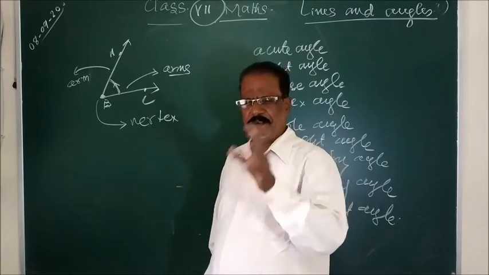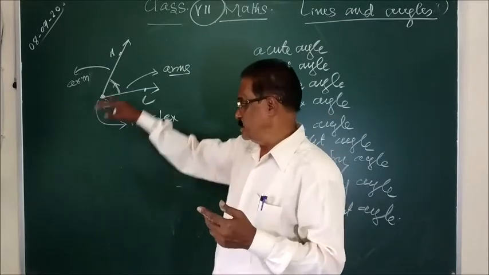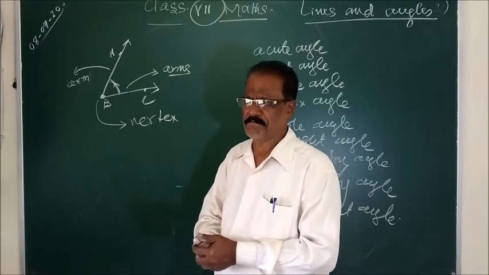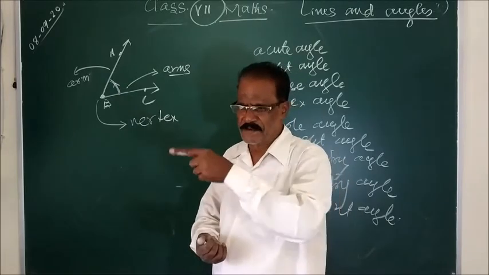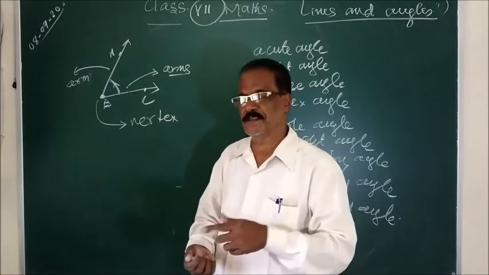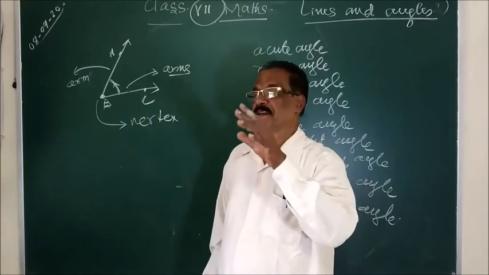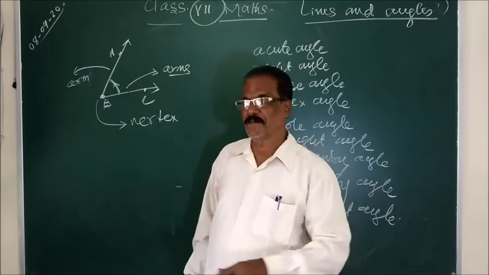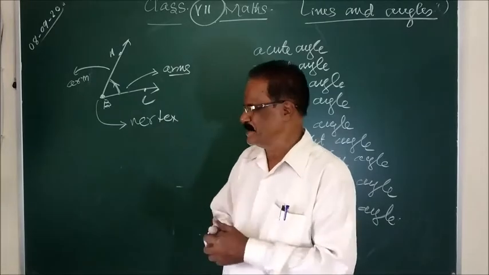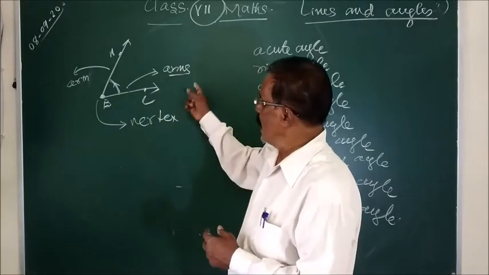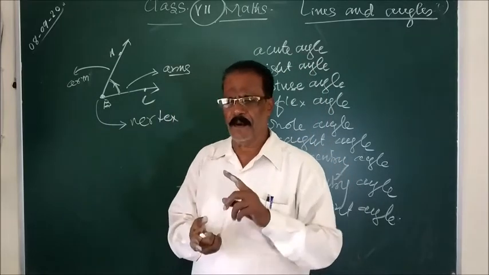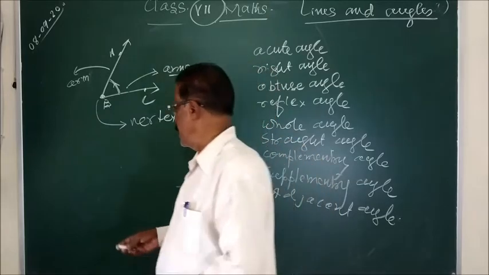In higher classes you can learn rotation in clockwise direction or anti-clockwise direction. Clockwise direction, you will see, if you are moving in this way, this is called clockwise direction. And if you are moving in this way, that is called anti-clockwise. You should understand. So what is the definition of angle? When a ray meets another ray at a point.